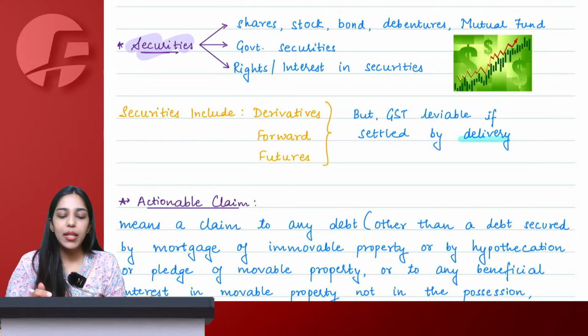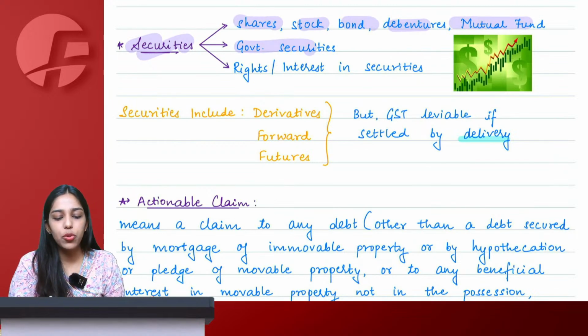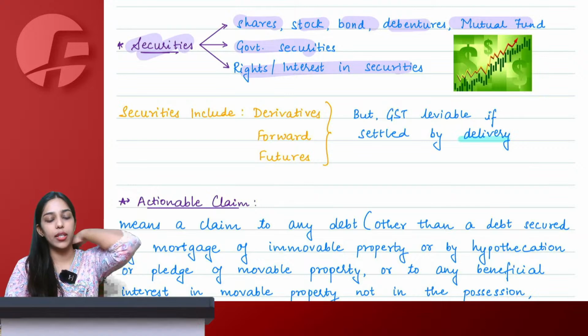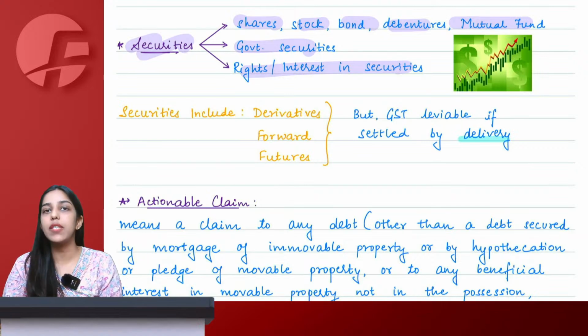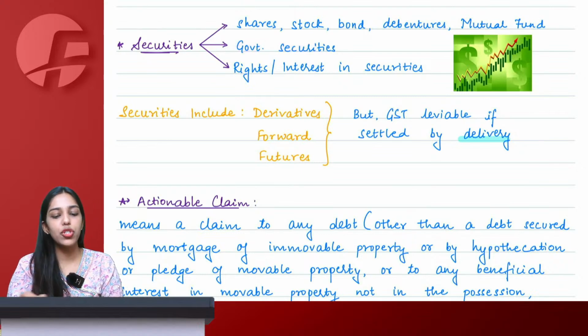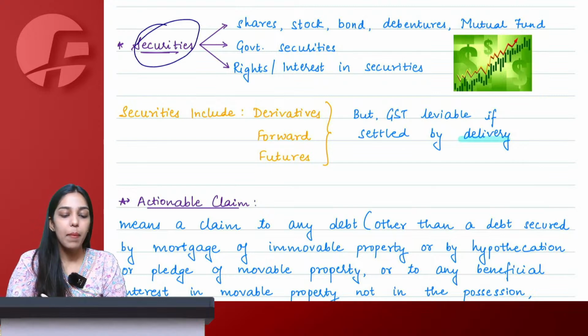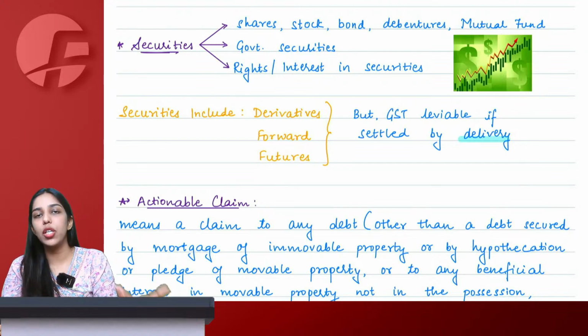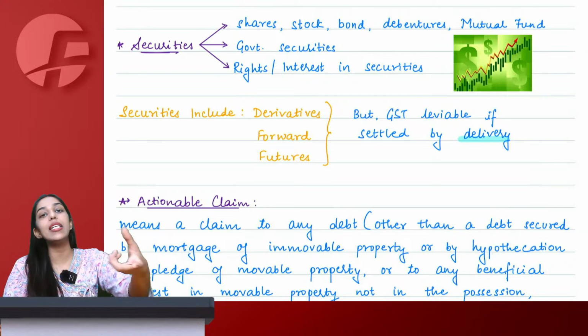Then security means simply share, stock, bond, debenture, mutual fund, government security, write in this everything. Derivatives, forwards, futures, even if you are dealing, if there is a net settlement. So for forward or future, there is net settlement, cash settlement. That is also security, no GST. But let's say you are dealing in a commodity future, commodity forward, and you decide to take delivery of it.